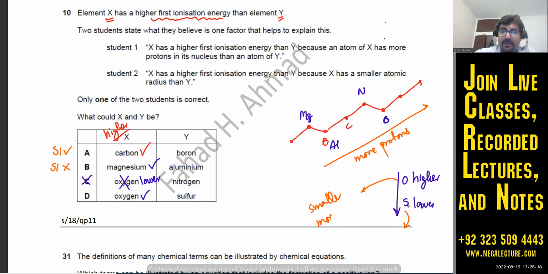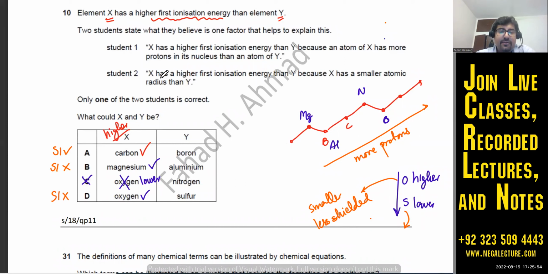Smaller means it has fewer shells, so the electron is very close to the nucleus. So smaller and less shielded. That's the reason, not protons, right? So student 1 appears to be incorrect for this one as well. Remember, down the group, it's not protons. The ionization energy is decreasing because the atoms are becoming bigger in size.